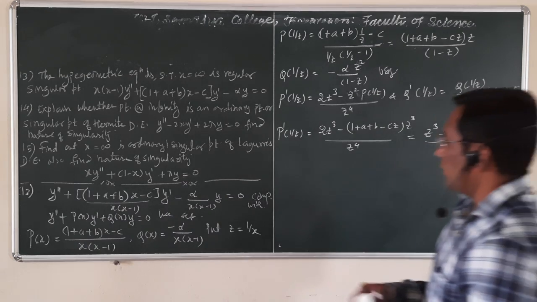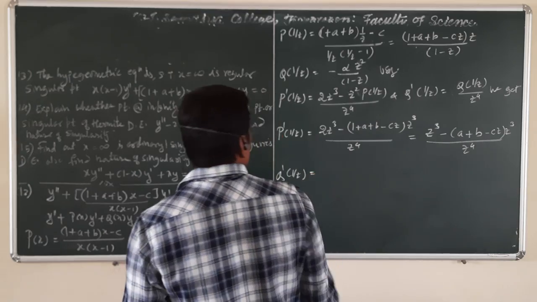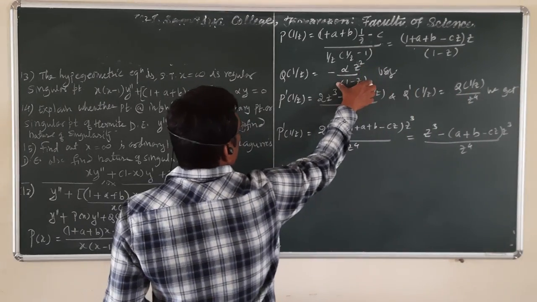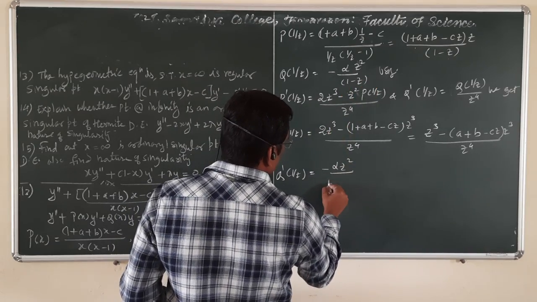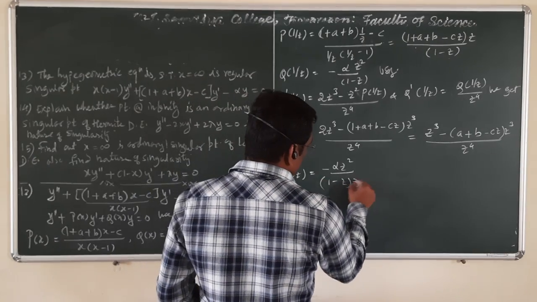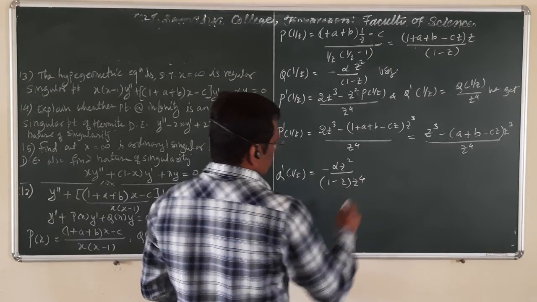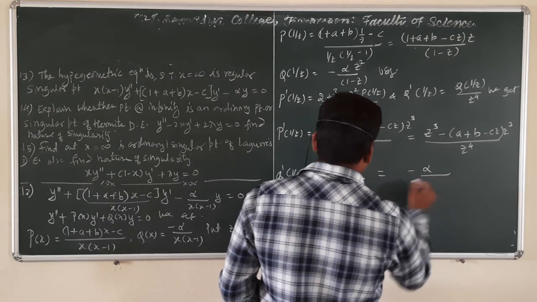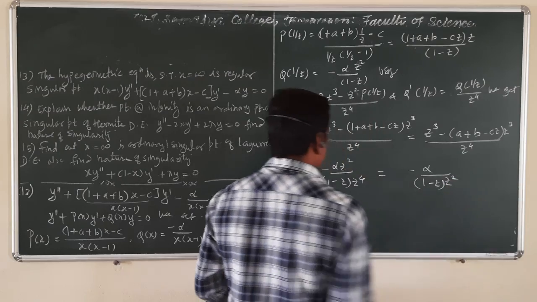Similarly, q dash of 1 upon z is equal to q of 1 upon z, which is this. So minus alpha z square (1 minus z), divided by z raised to 4. So this z square and this z raised to 4 will reduce to minus alpha (1 minus z) upon z square.